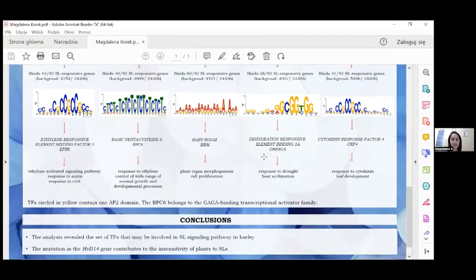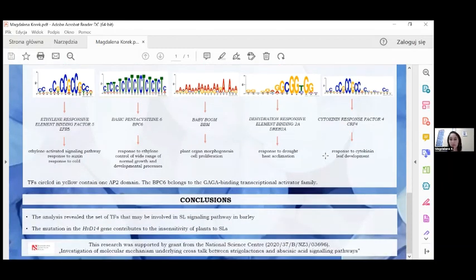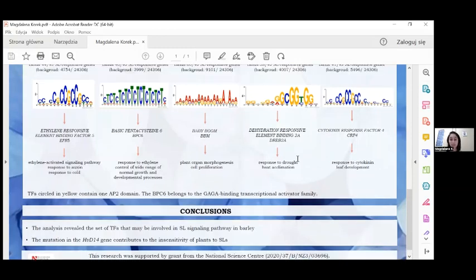They participate in organ morphogenesis, for example baby boom, and in leaf development. However, it is also supposed that strigolactone may interact with other hormones, because we can see there is an ethylene responsive binding factor and the cytokinin response factor, and also a drought response factor. As I said before, strigolactones are strongly believed to also participate in the plant response to abiotic stress.